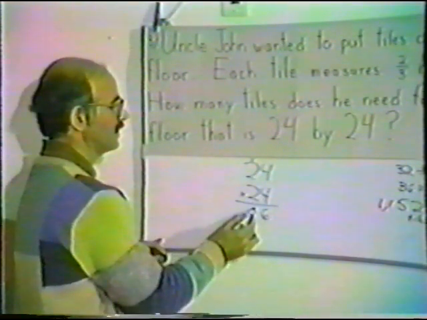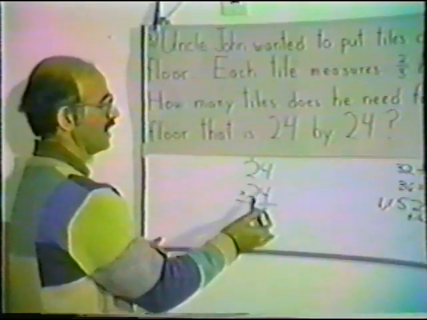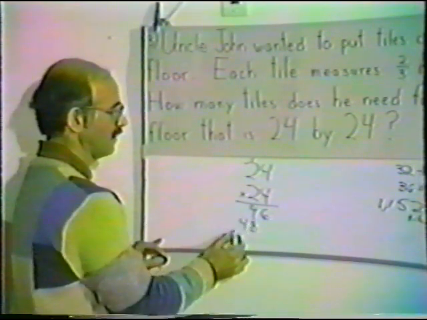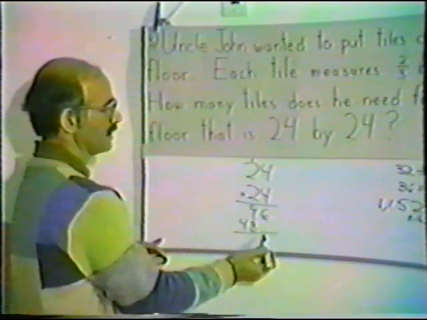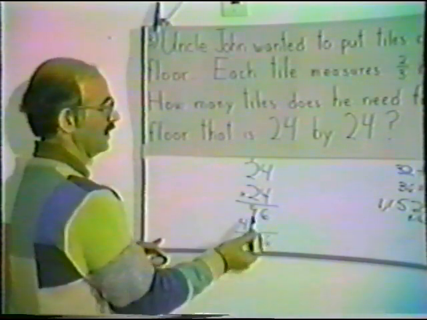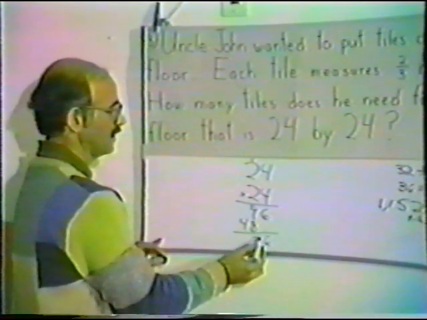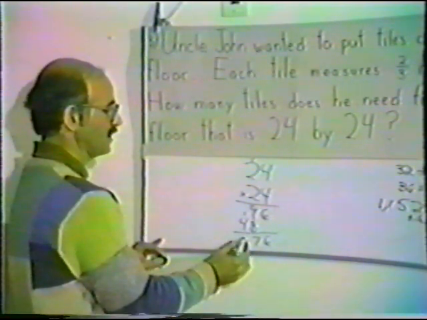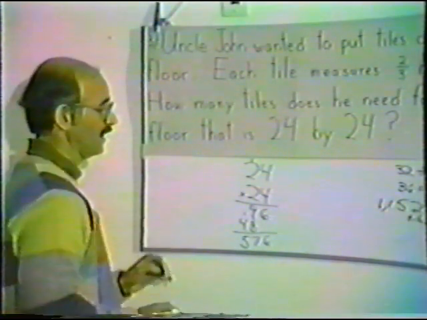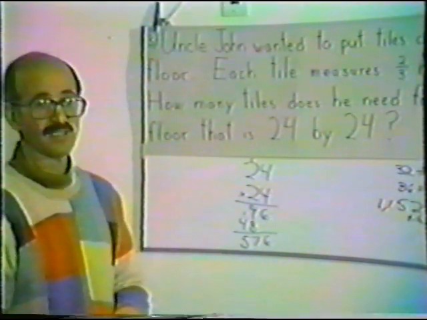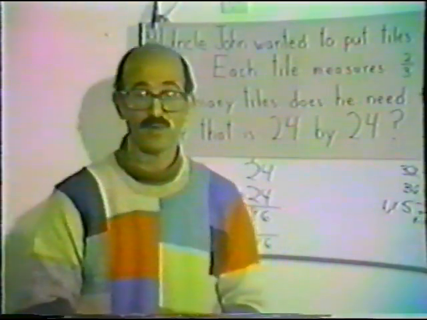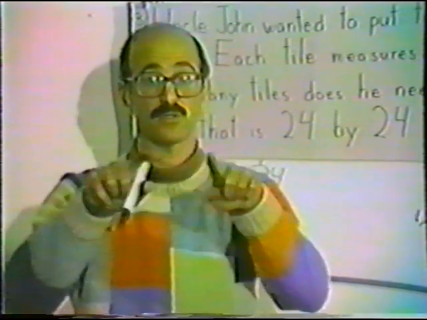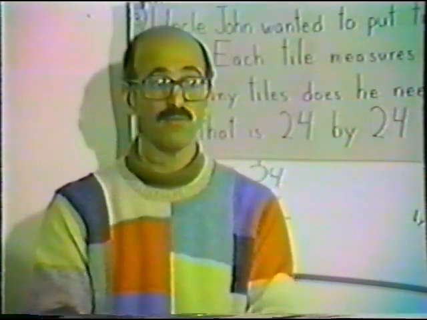Plus 1 is 9. 4 times 2 is 8. 2 times 2 is 4. 6 plus 0 is 6. 9 plus 8 is 17. Carry the 1. 1 plus 4 is 5. 576 is the area or the space inside the whole room, which is 24 by 24.